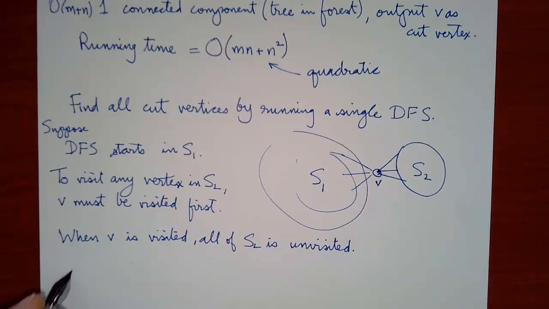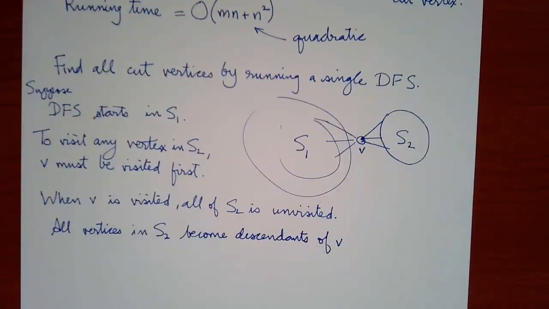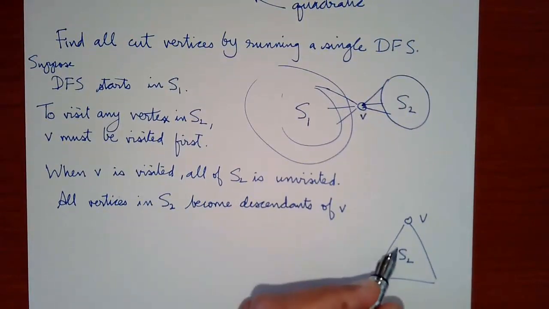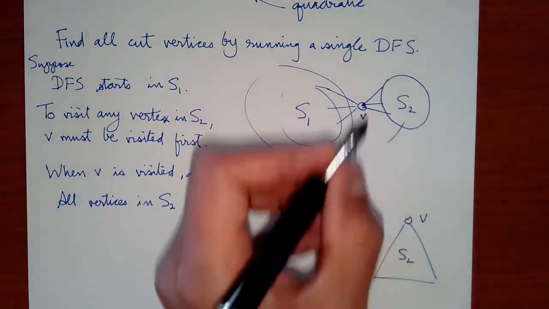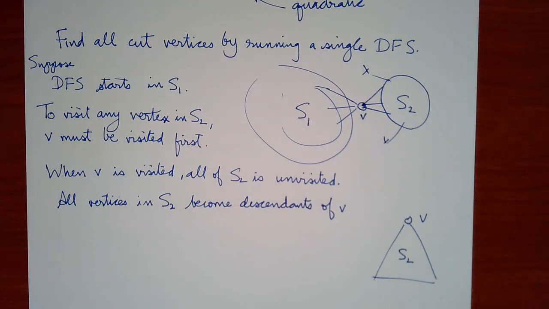So essentially, all vertices in S2 become descendants of V. Okay, so you have V, and then you have S2. And what is important is there's no edge that comes out from here. So no edge can go out.